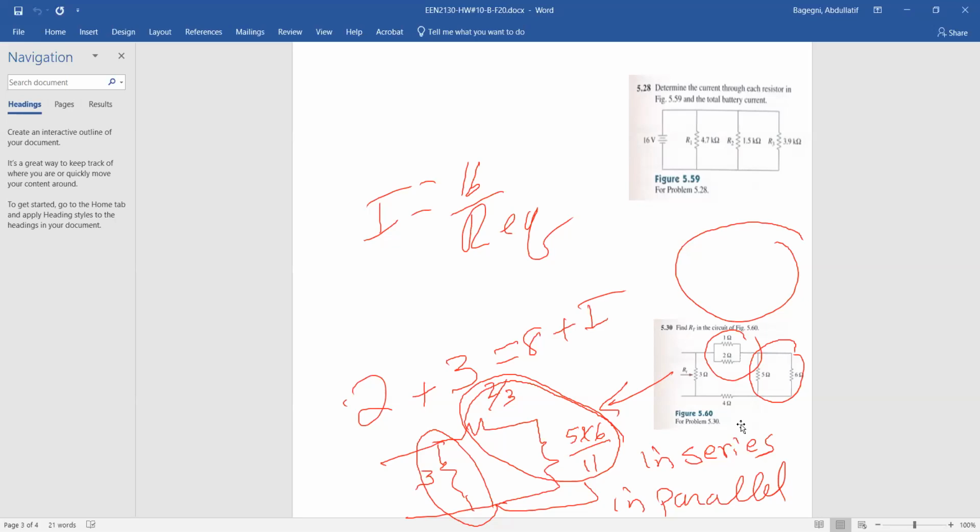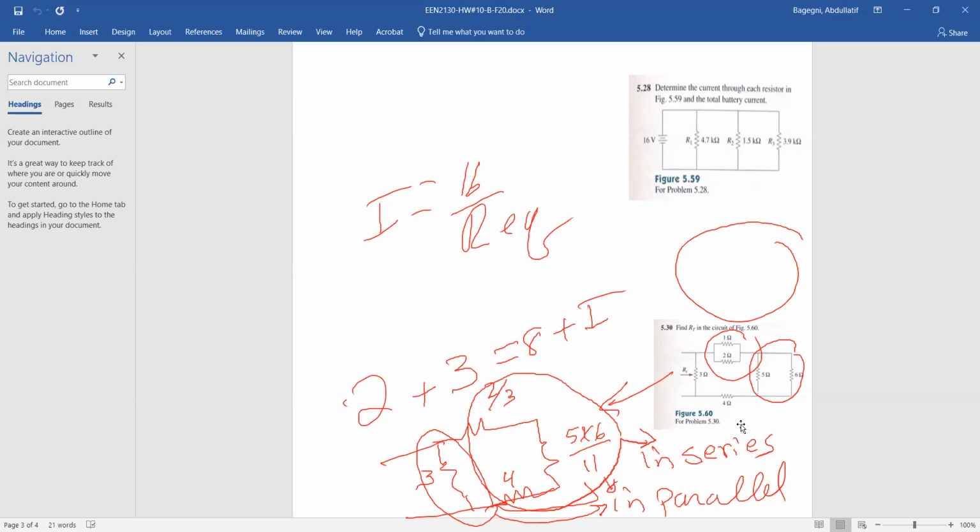Always look at the circuit, doesn't matter how complicated it is. Oh, sorry, I forgot this resistor here. So all of this will be combined, the four. And this 3 here, with this would be in parallel, both of them.